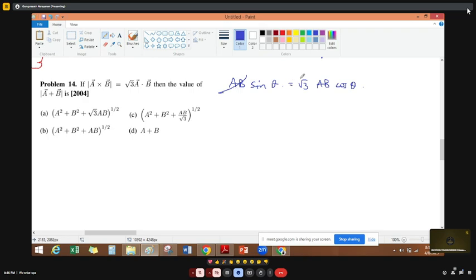That means AB cancels. That means sine by cos will become tan theta is equal to root 3. That means theta is equal to 60 degrees, sir. 60 degrees. Very good. That means then the value of the vector A plus B.